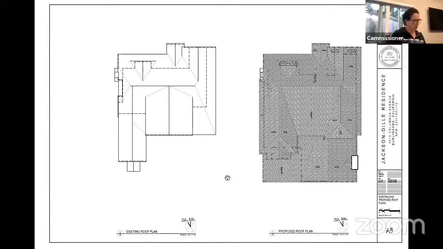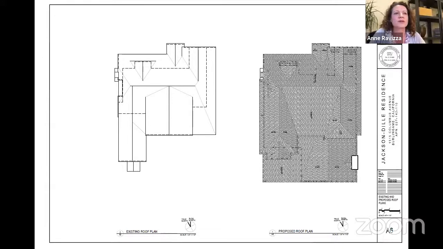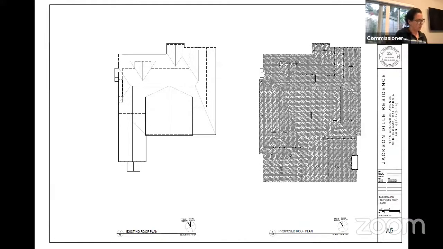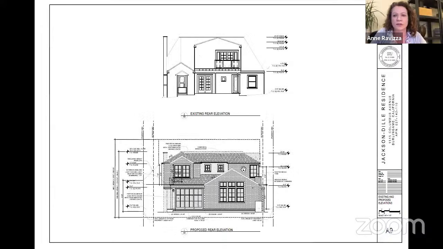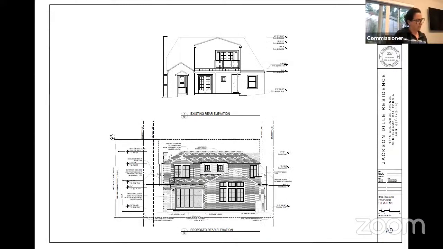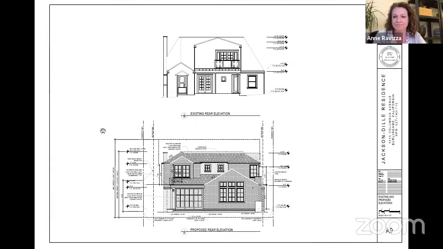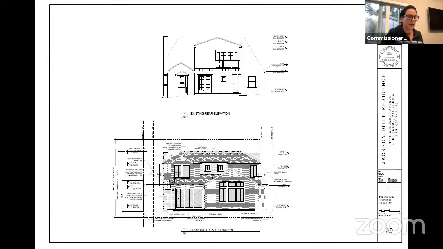Just the second floor deck off, I believe, the master. Oh, wait, no, it's off the back bedroom. There's a deck off one of the bedrooms, not the master. No, there's no deck. The existing deck is going away, right? Correct. Okay, got it. I was looking at it incorrectly. Thank you.